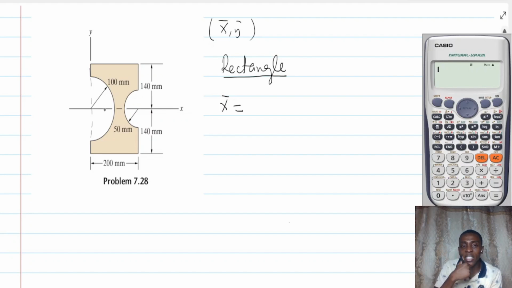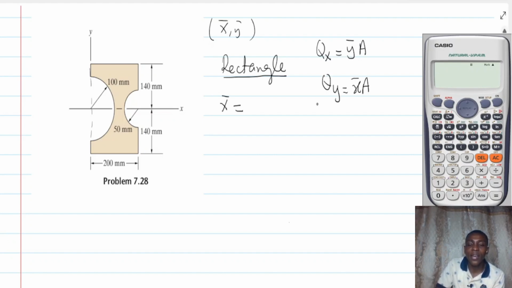Whenever you are finding the centroid of areas and one of the axes divides the area into exactly two, the first moment of area about the x is y bar A, and the first moment of area about the y is x bar A. For this problem, the y-axis divides the area exactly into equal halves.